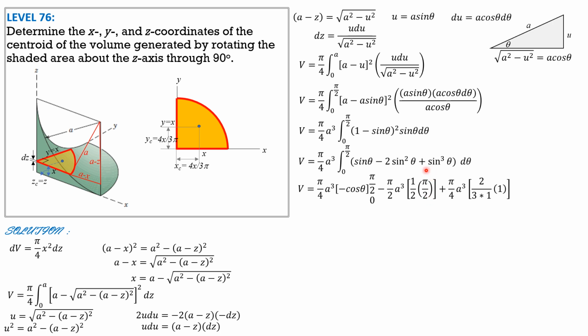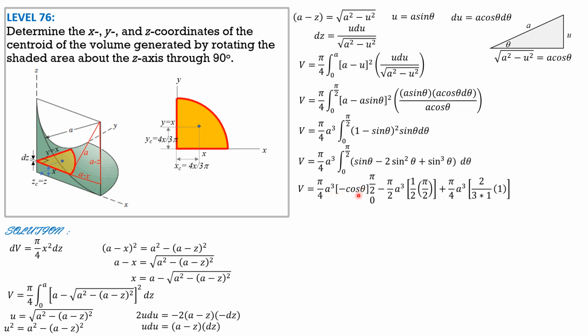For this third term, pi over 4 a cubed, then 3 minus 1 is 2. We stop at 2. The sum of powers is 3. Then minus 2, so 1. We stop at 1. So 3 times 1. Because 3 is odd, we just multiply by 1, not pi over 2. Remember Wallis formula.